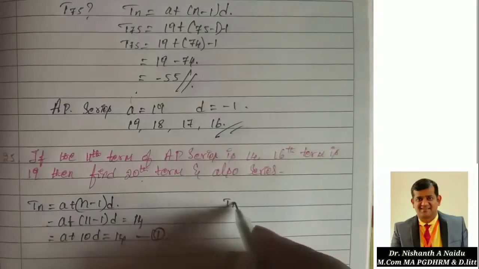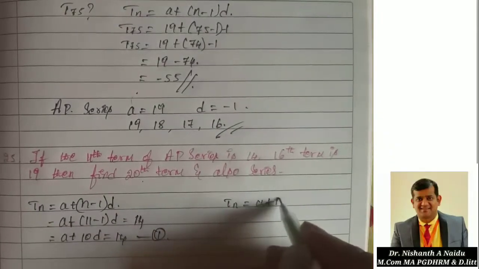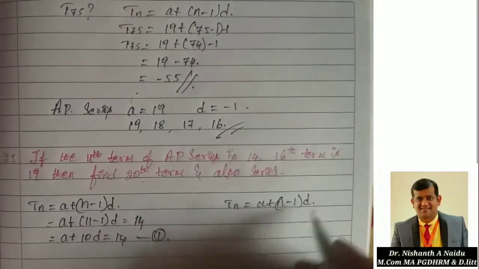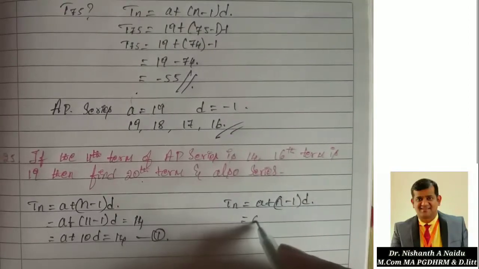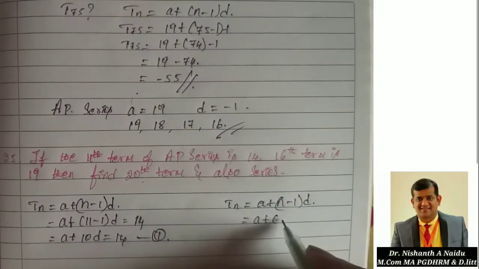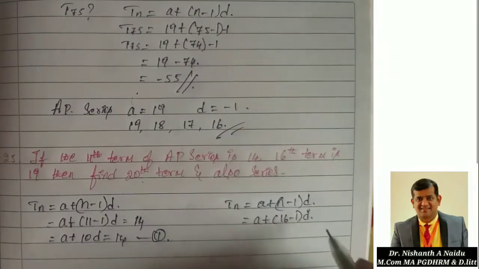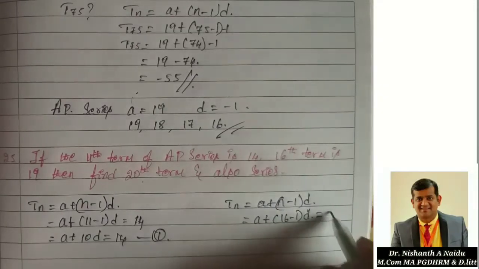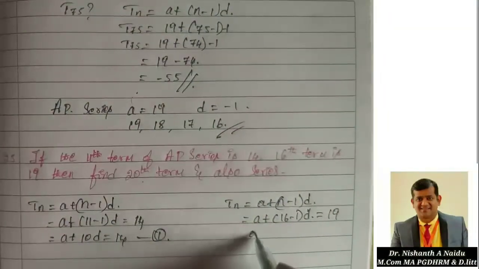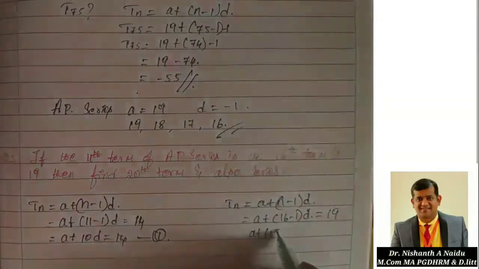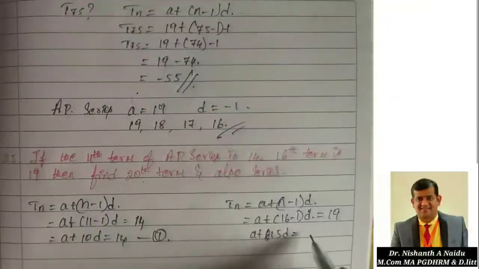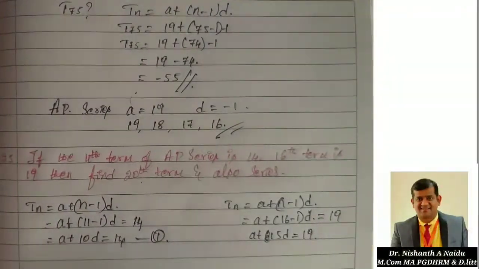The same way for the second equation, Tn equals a plus n minus 1 into d. Here n is 16, so a plus 16 minus 1 into d equals 19. So a plus 15d equals 19. This is the second equation.